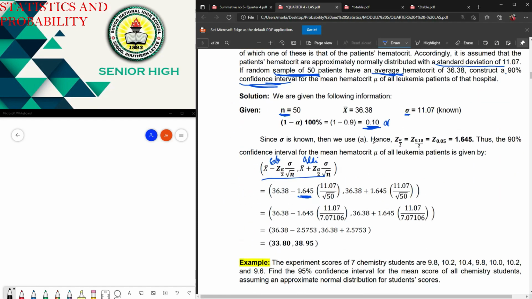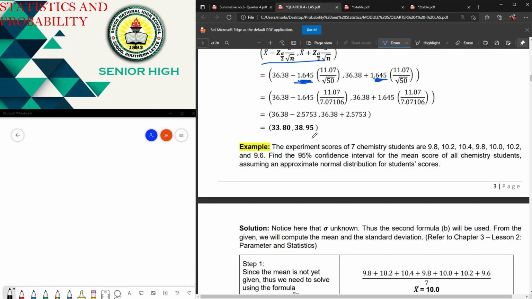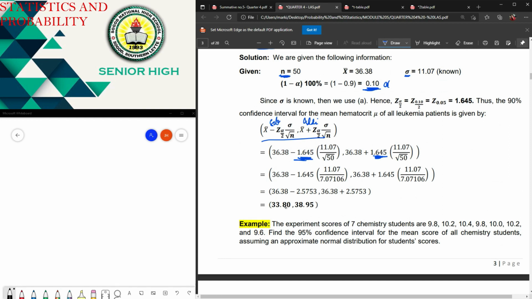That's why we just substitute 1.645, the same thing on the addition side. For the standard deviation, we have 11.07 over the square root of 50. Just substitute into the formula and then simplify. So we have the interval 33.80 to 38.95.